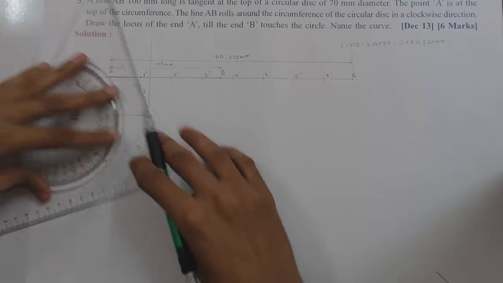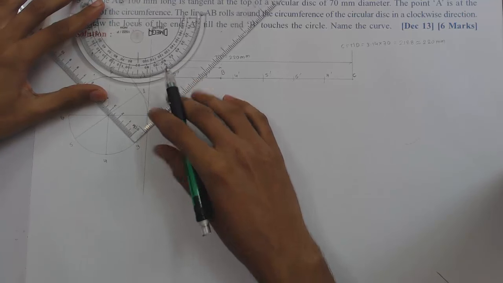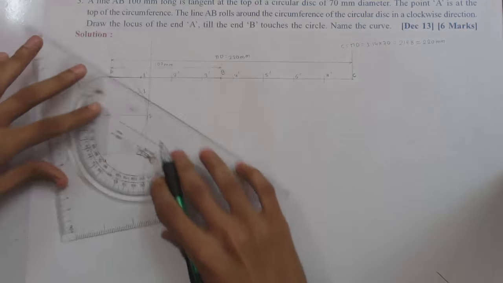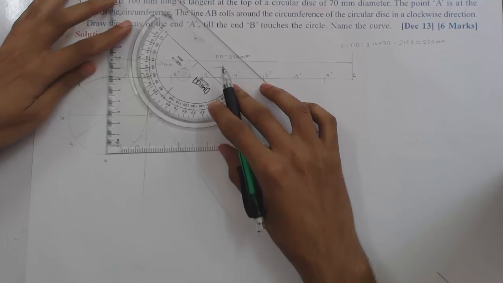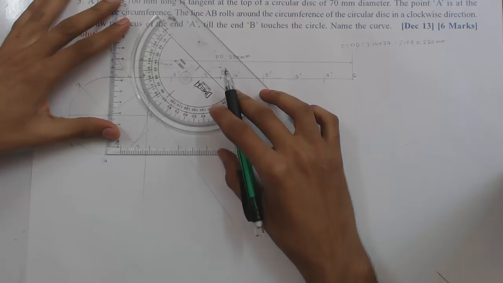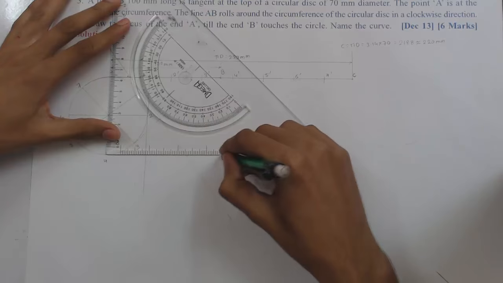Then again at 3, I need to produce for A in this direction, for 4 in this direction.